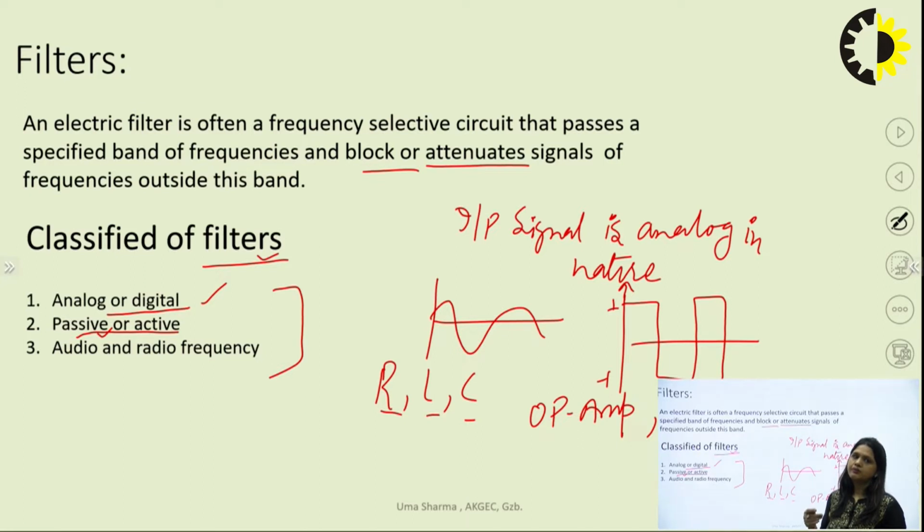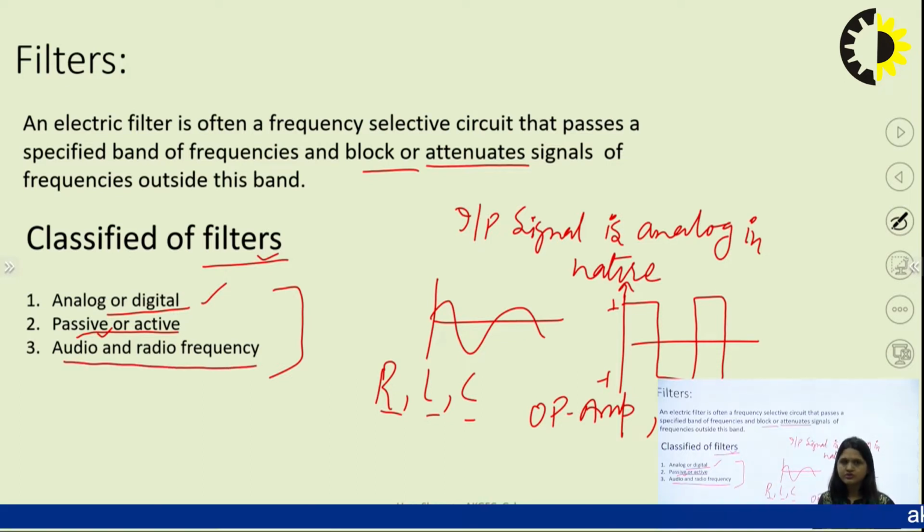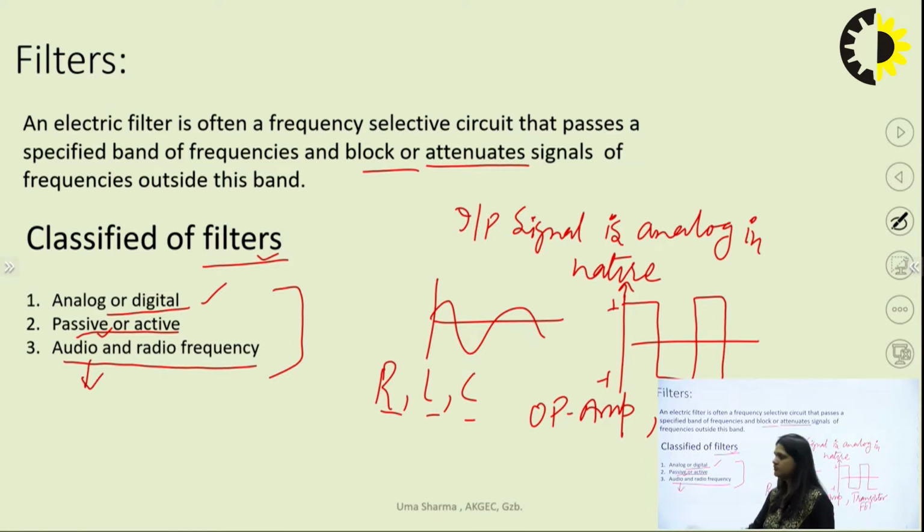Similarly, based on the frequency of the input signal, we can again classify the filter into two categories: audio frequency filter and radio frequency filter. If the filter is capable of dealing with the audio frequency band, then it is known as audio frequency filter. Similarly, if it is capable of dealing with radio frequencies, then it is known as radio frequency filter. So these are the broad classifications of the filter.